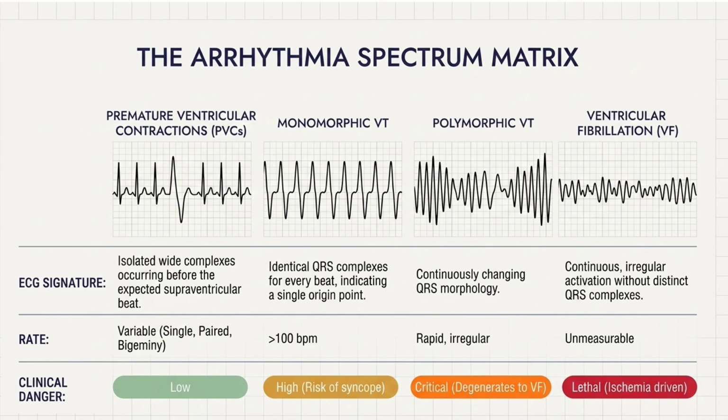Moving into critical territory, polymorphic VT features a continuously changing morphology and often degenerates into ventricular fibrillation, VF. VF is the most lethal, presenting as chaotic, irregular activation that is often driven by ischemia.